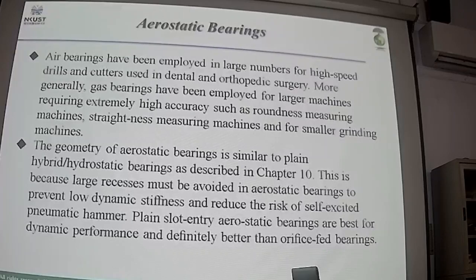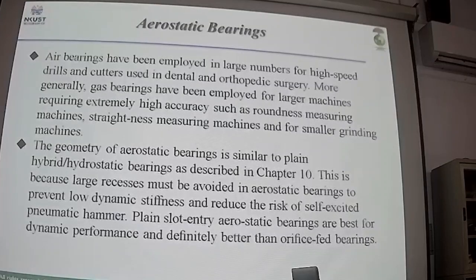So for the air bearing, or the aerostatic bearing, usually applied in semiconductor or clean room precision machine tools. Because in the semiconductor industry, you cannot use the hydrostatic bearing in your cleaning room because you will have a risk.